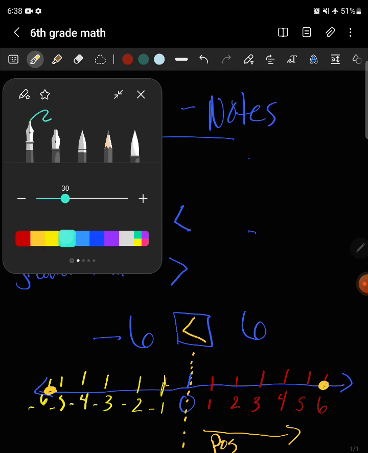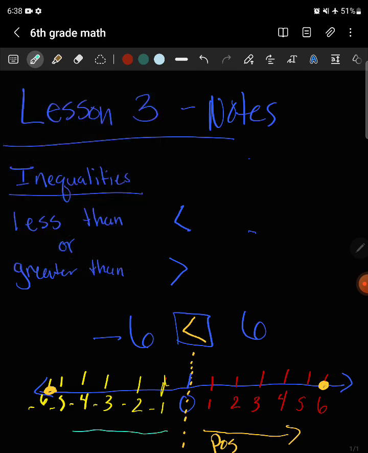The numbers on the left, which are negative. All right. And so when we're dealing with negative numbers, always, I want you guys to remember that's going to be to the left of the 0. Positive numbers will always be larger than negative numbers.